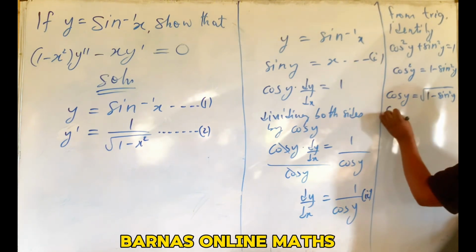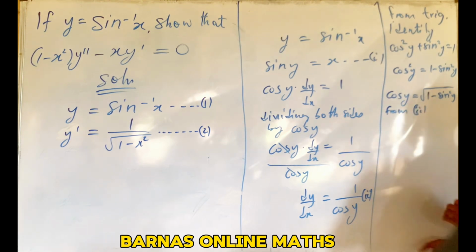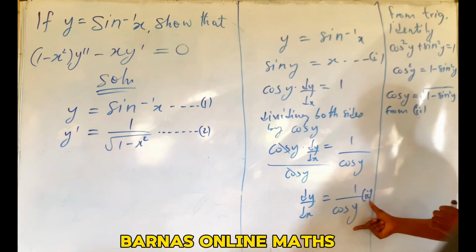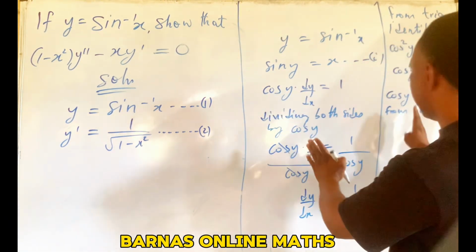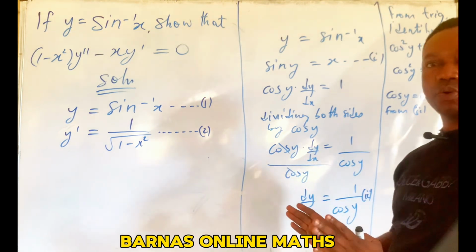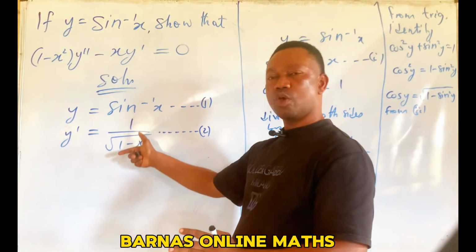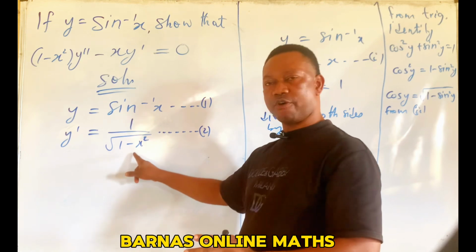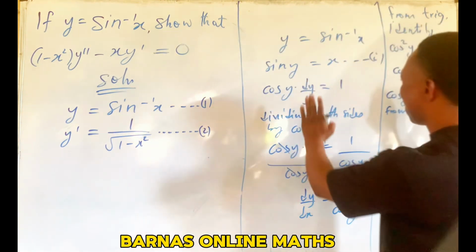Recall from equation II, that is this equation. Remember, this is what we are solving. What I'm doing here is to show you how the derivative of sine inverse of x becomes 1 all upon the square root of 1 minus x squared. So this is mainly our rough work.